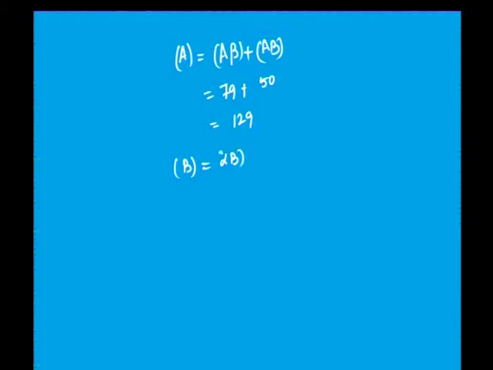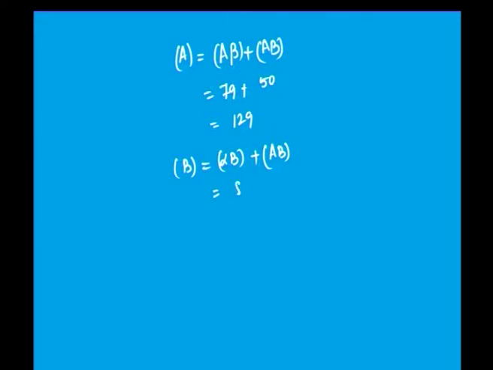So, first of all, the A value. A value is A beta plus AB. A beta is 79, AB is 50, and this is equal to 129. Then B value. B value is alpha B plus AB.